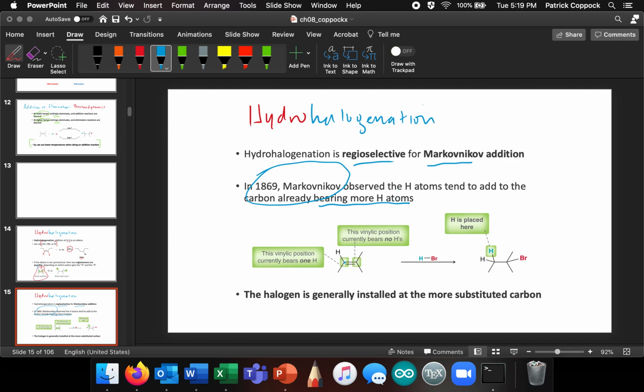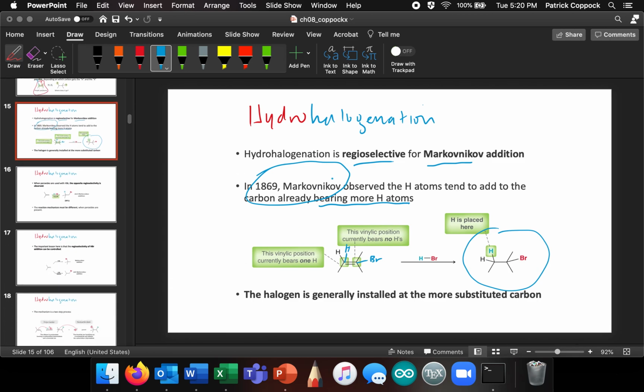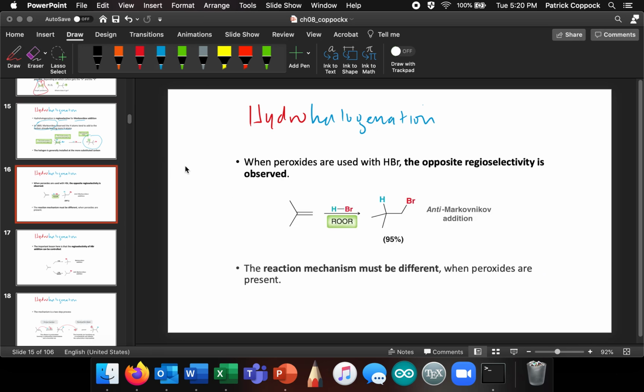So in this structure, this carbon already has more hydrogens, so the hydrogen is going to go here, and the bromine is going to go here. That's what this shows. The halogen is generally installed on the more substituted carbon, but it doesn't matter how you appreciate that. It might be easier to think of it as the hydrogen going where there are already more hydrogens. It's looking for buddies, looking for friends.